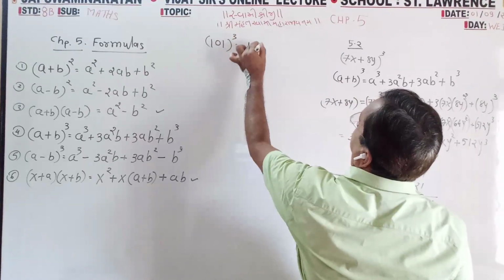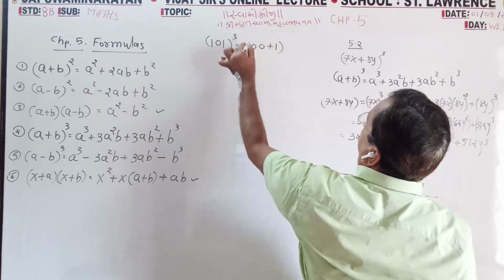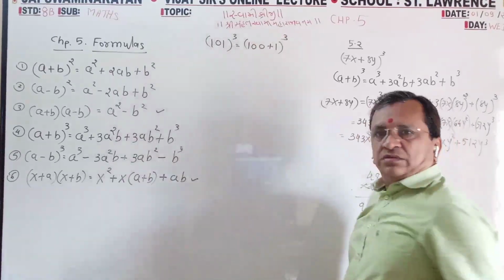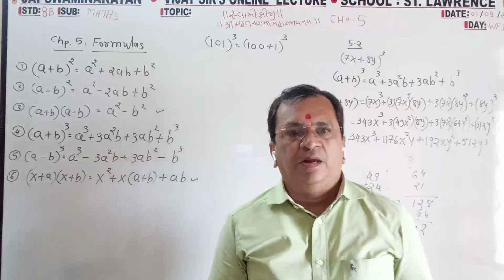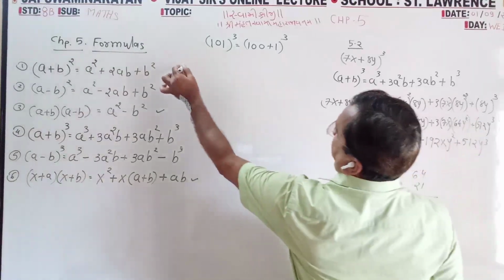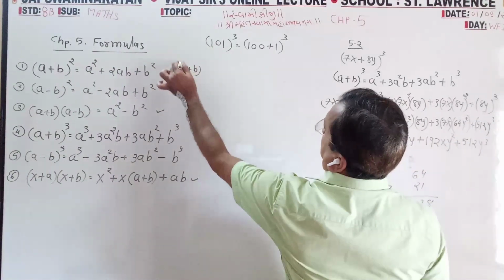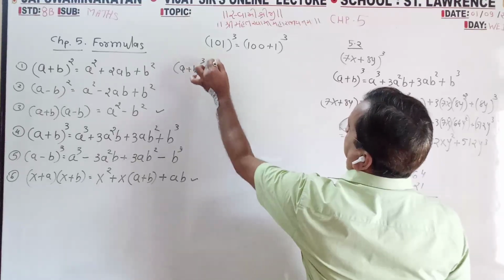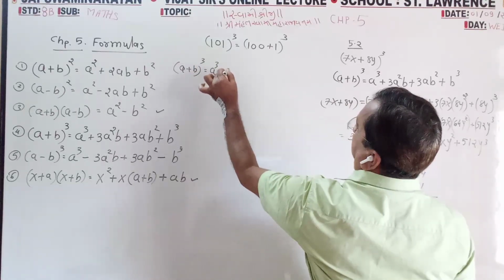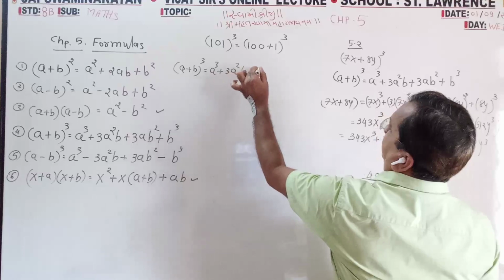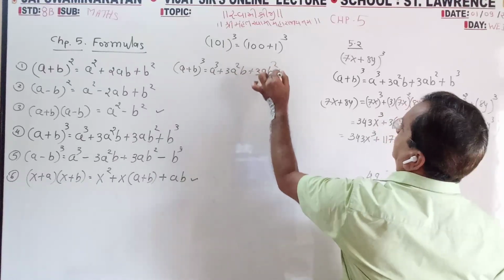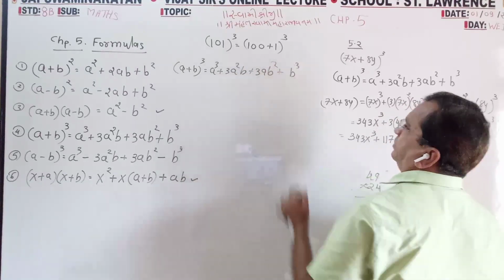It is 100 plus 1 cube. So a plus b cube is a cube plus 3a square b plus 3ab square plus b cube.